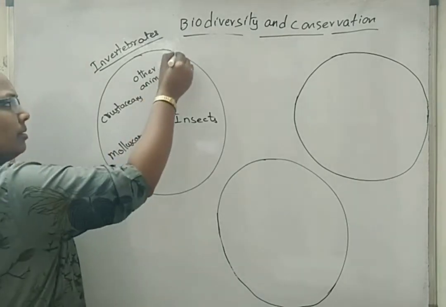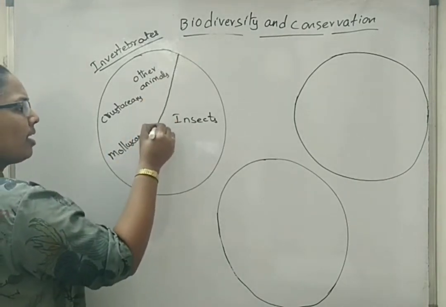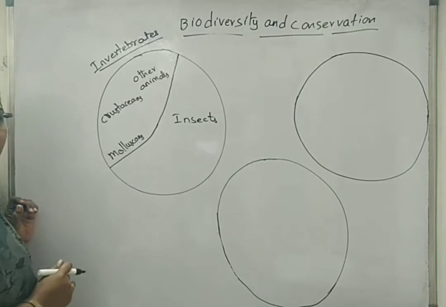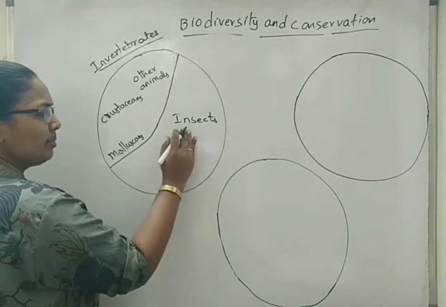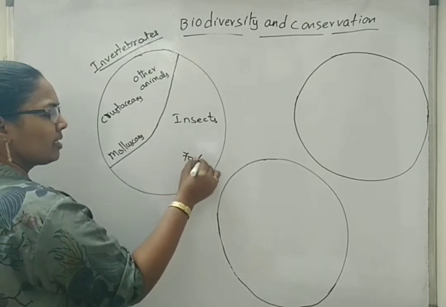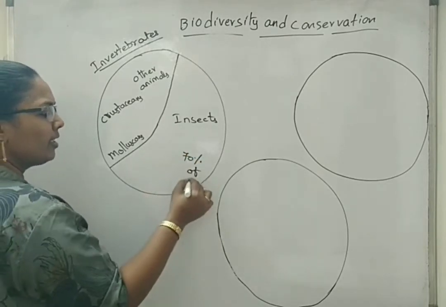Here, more insects are present compared to other types of organisms. So insects, the invertebrates, constitute 70% of the animals.